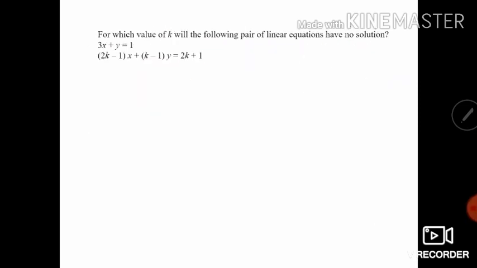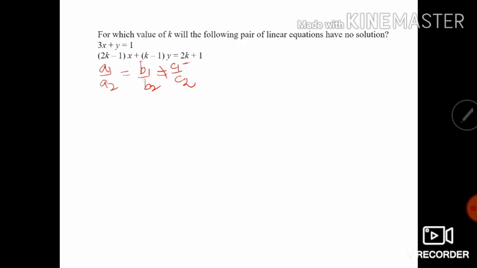Here is another question of similar type. For which value of k will the pair of equations have no solution? So we have to find the value of k using the condition for no solution, which is a1 upon a2 equal to b1 upon b2 not equal to c1 upon c2.